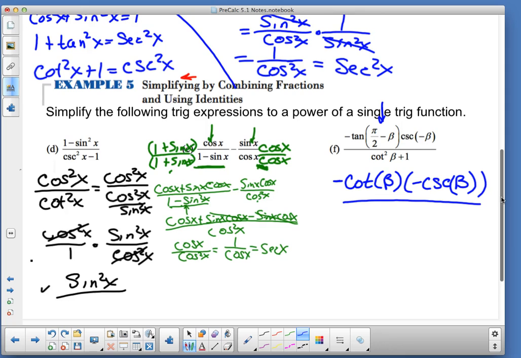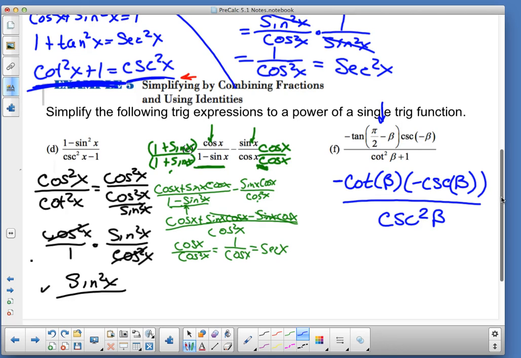Well, cotangent squared of any value plus 1, looking at that top left, is cosecant squared beta. So I'm going to substitute cosecant, not cosine, but cosecant, sorry, cosecant squared beta in there.